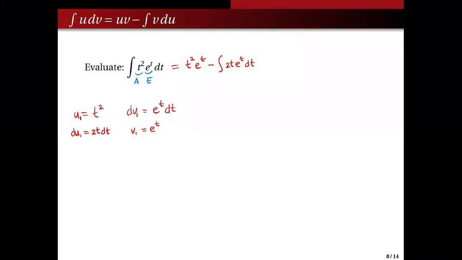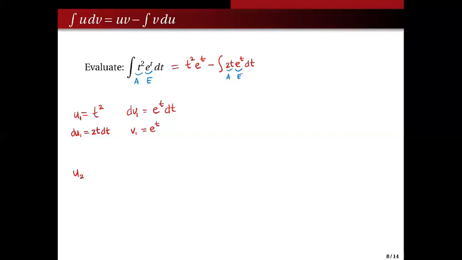So here, we apply again integration by parts, and that's the reason why I used u sub 1 and v sub 1, because I will apply a second integration by parts. And notice, this is still exponential, this is still algebraic, so same pattern.